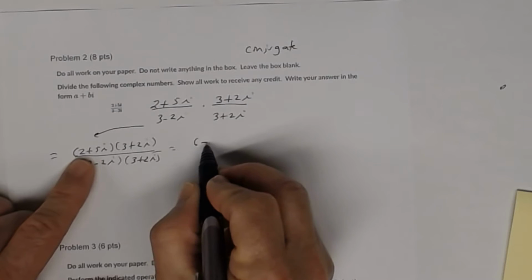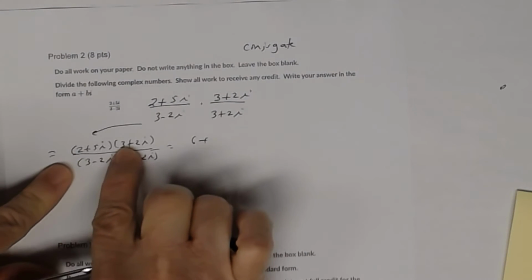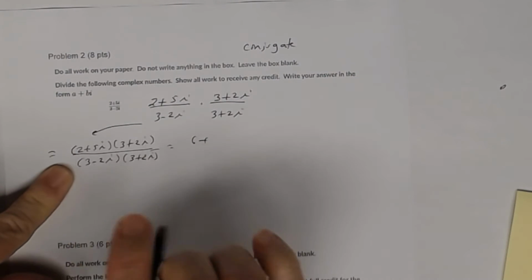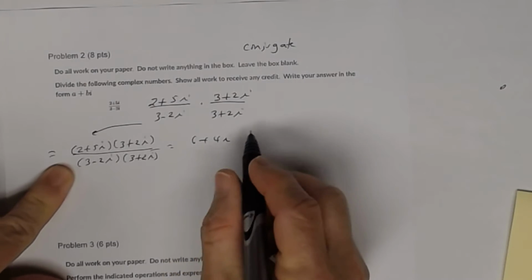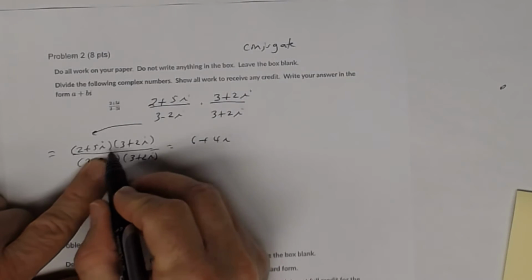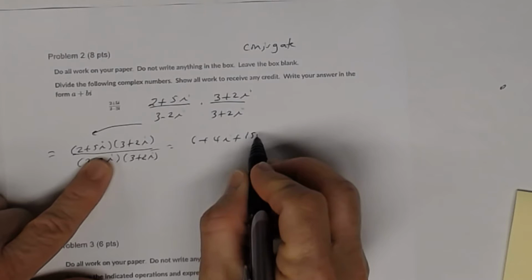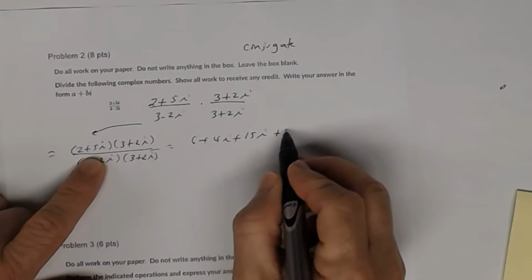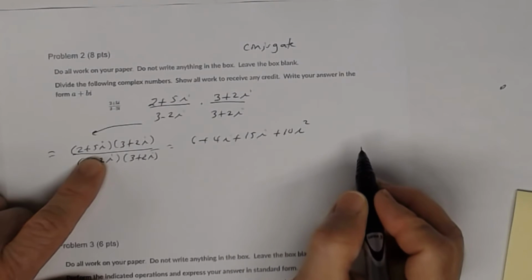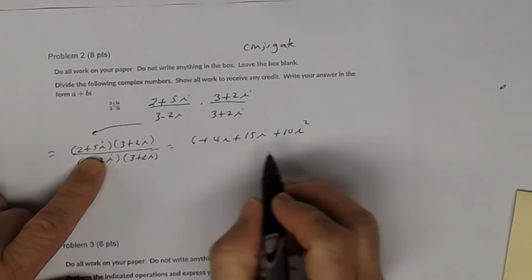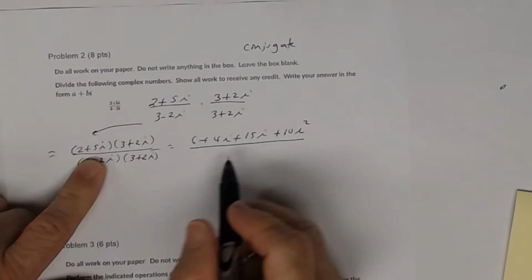So I get 6 plus the outer 2 times 2i is 4i, and then the inner 5i times 3 is 15i, and then the last, a positive 5i times a positive 2i is a positive 10i squared. Okay, so the i squared is important. Divided by, and then we do the same thing with the denominator.